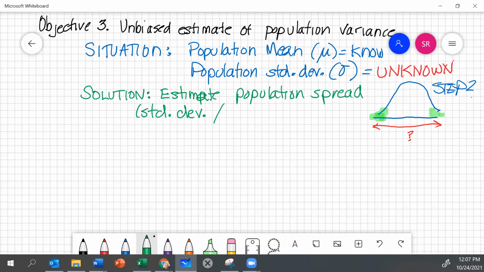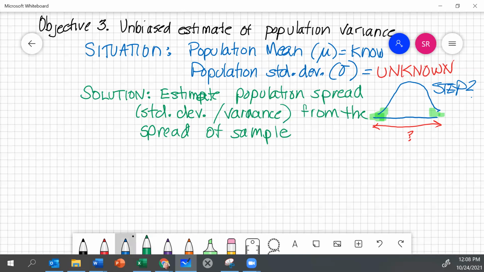And remember, standard deviation is just the square root of the variance. And so we're going to estimate the population spread from the spread of the sample. We know we can figure out the spread from that because the sample is just the scores that we've accumulated. So let's figure out how to estimate the population spread based on the spread of a sample.